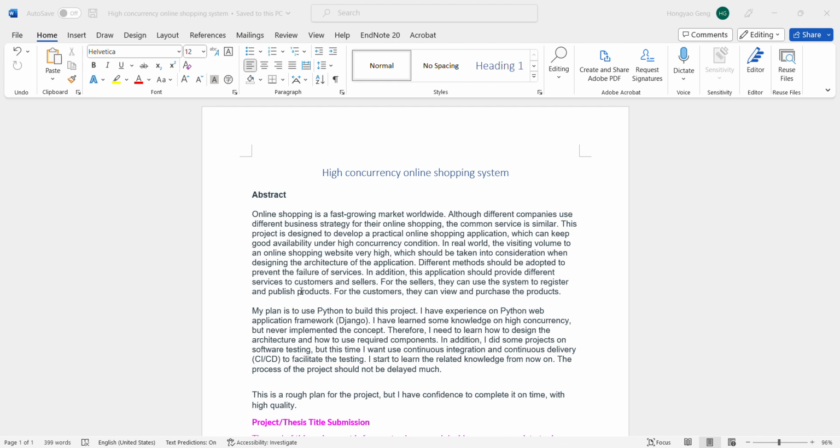Of course, the vendor should be able to publish new products, so the products page is also very important for adding or removing products. For the opening hour page, the time can be changed.